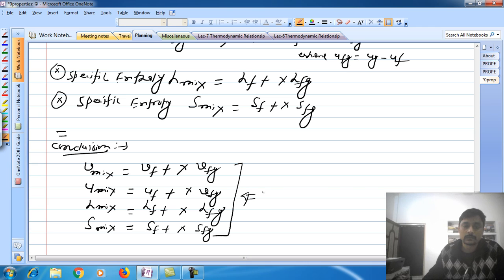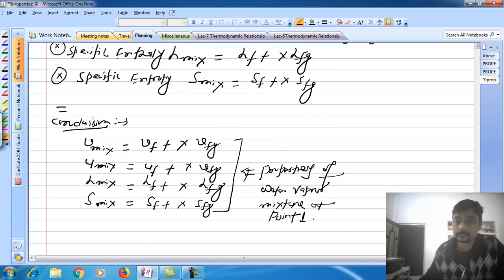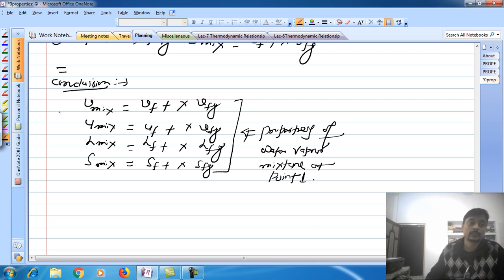These all are the properties of the water vapor mixture at point 1, right? This is our first conclusion.